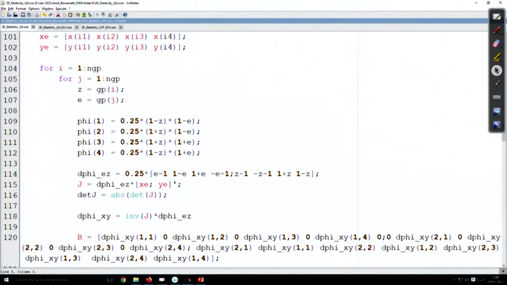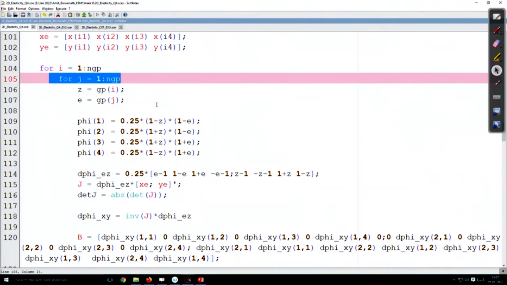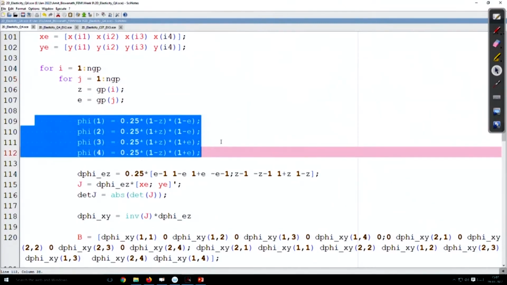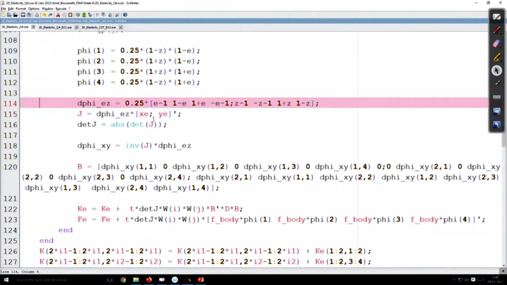And then next is this. Next, you see our derivatives, these loops: we loop over i equal to 1 to nGP and j equal to 1 to nGP. nGP is the total number of Gauss points, or integration rule, we have in any direction. Now phi 1, phi 2, these phi are the shape functions with respect to the natural coordinate system, and this is the derivative of phi with respect to the natural coordinate system.